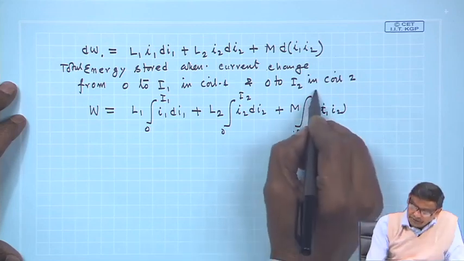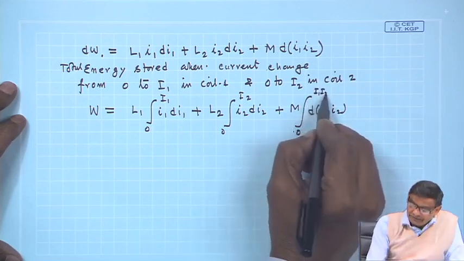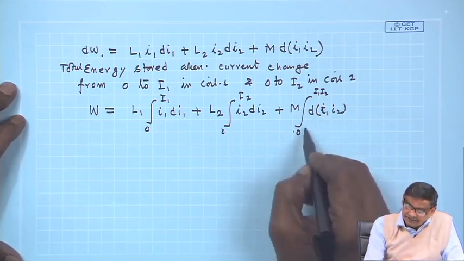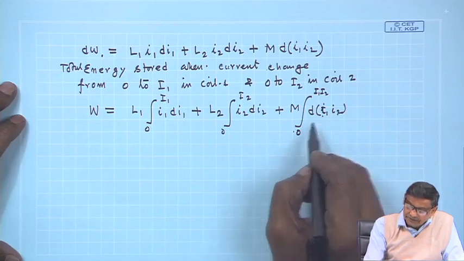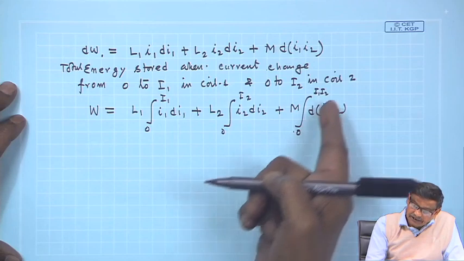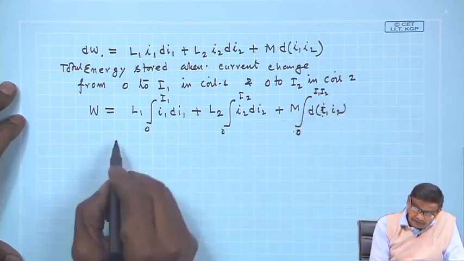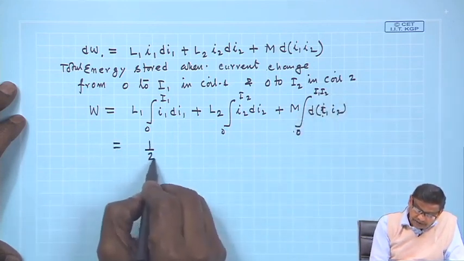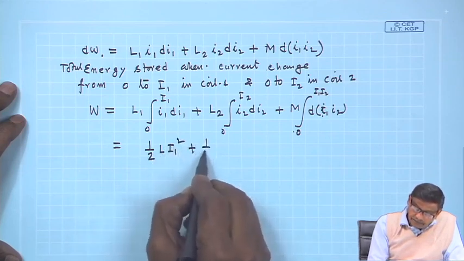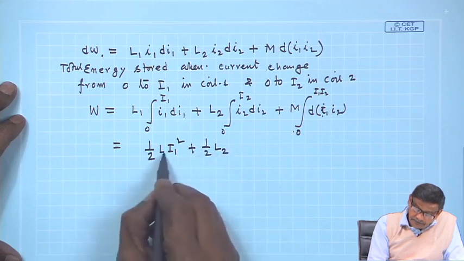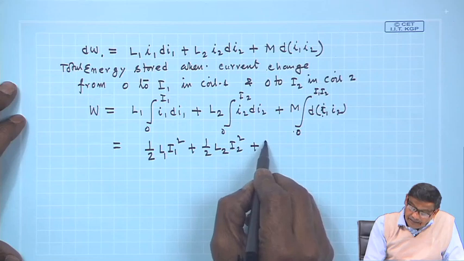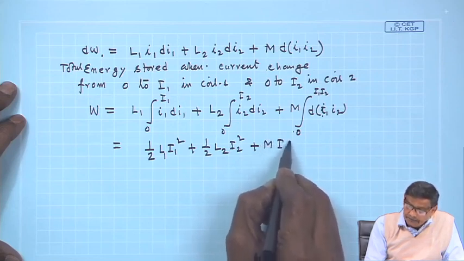Limit should be 0 to I1 I2, because this is the differential thing. If it is dx, limit of x. So, I1 I2 was 0 initially, then finally, it has reached I1 I2. So, product. So, if you calculate this, it will be half L1 I1 square plus half L2 I2 square and plus M into I1 I2.